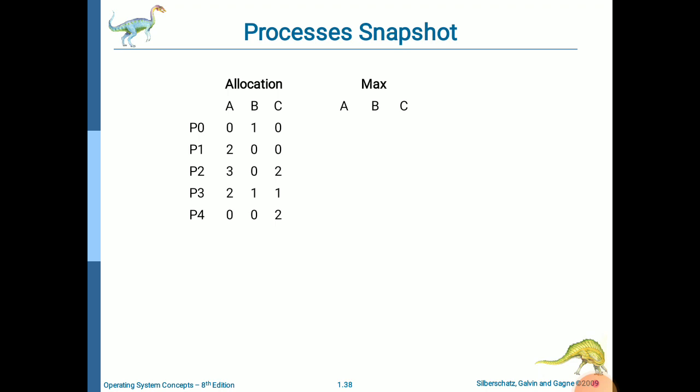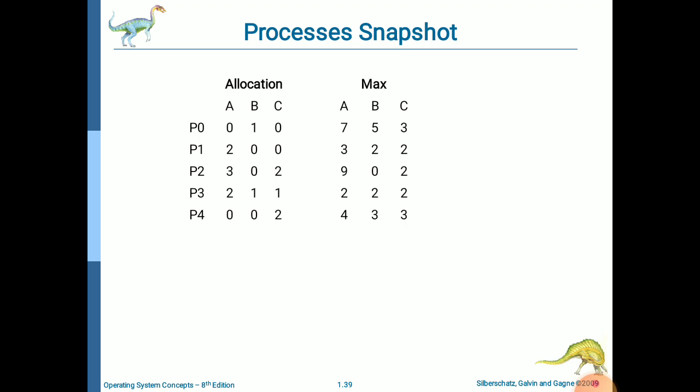Then Max is again a matrix. So the maximum requirement of P0, P1, P2, P3, P4 is also given. P0 is requesting resource A 7 instances, B 5 instances, and C 3 instances as its maximum requirement. Similarly, the maximum requirements of P1, P2, P3, P4 are also given in the matrix.